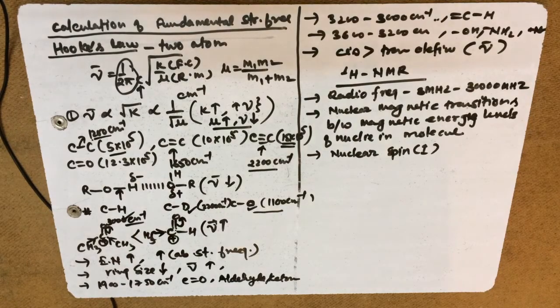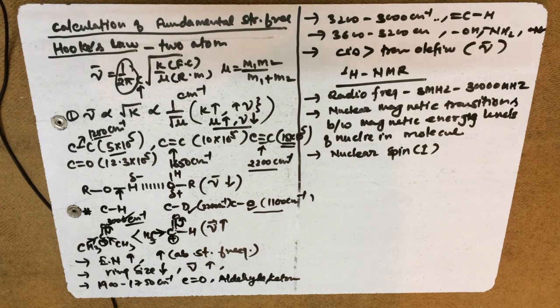Now inside this there is a lot of theory. If you are interested, you can go through the details. Okay, I am not going into details, so I am giving a rough introduction.